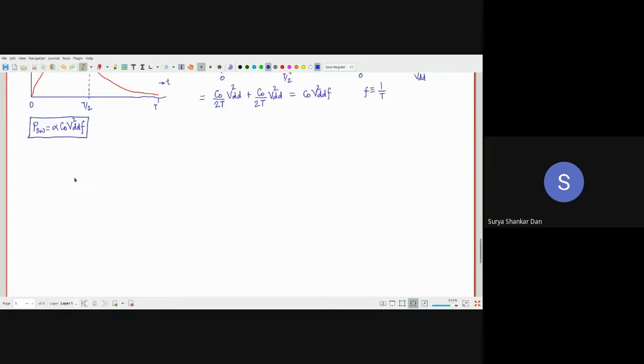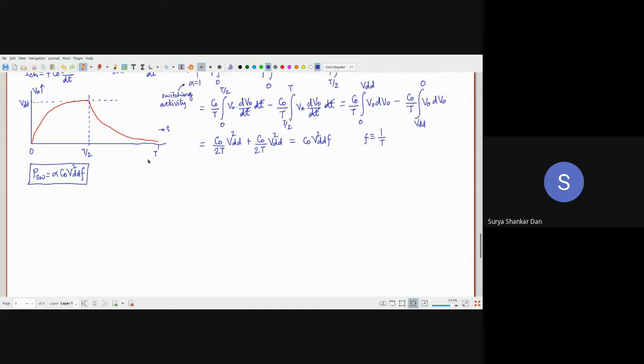Okay, so what can we do to reduce the switching power? Minimizing alpha and VDD. You can have a few things to do. I'll just write here.